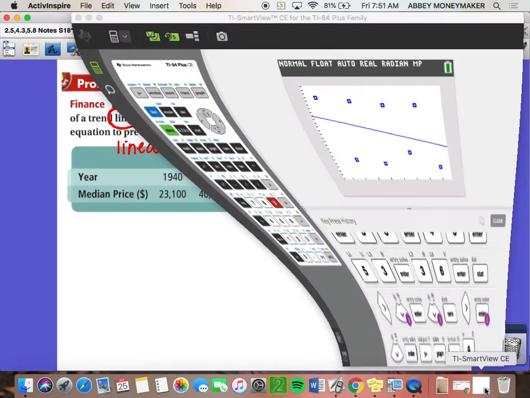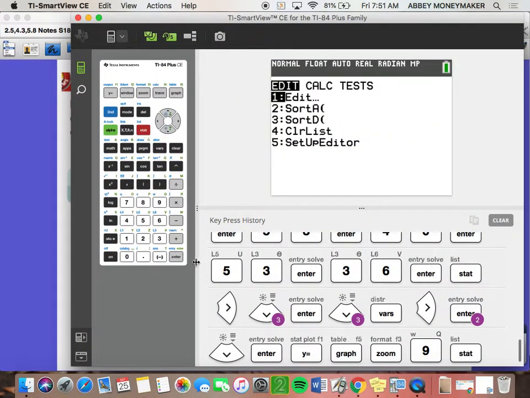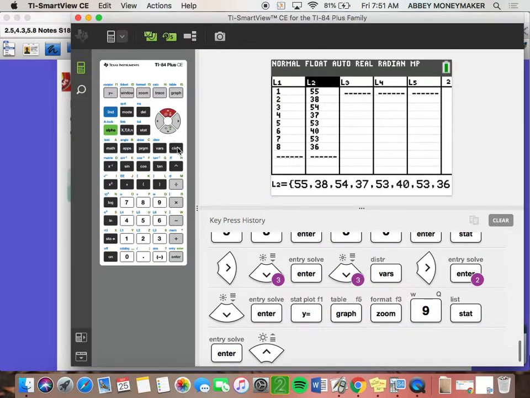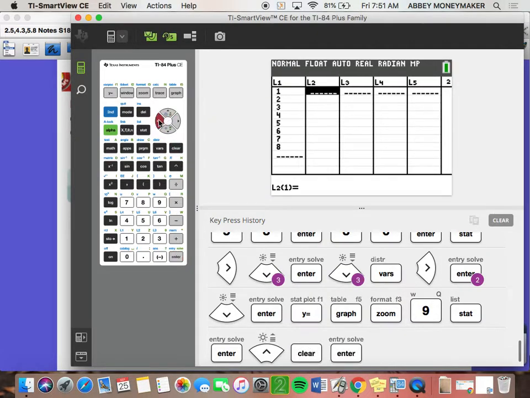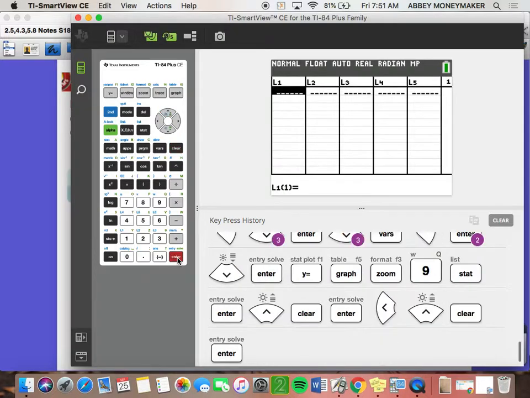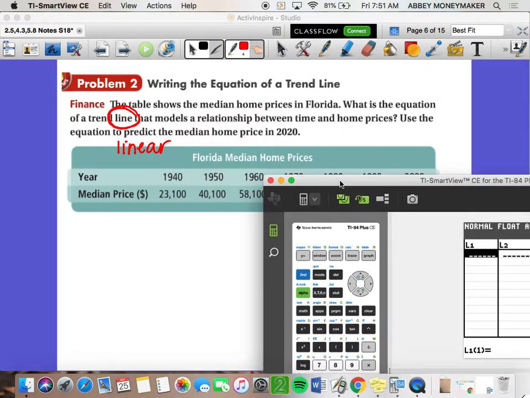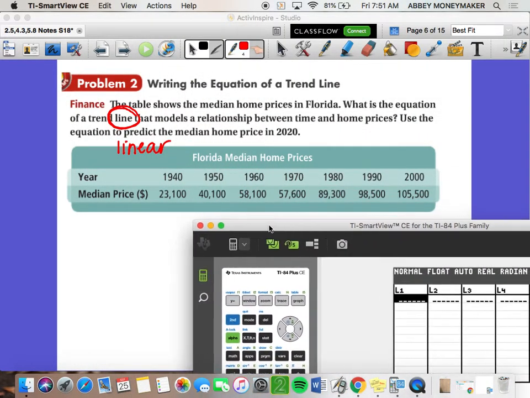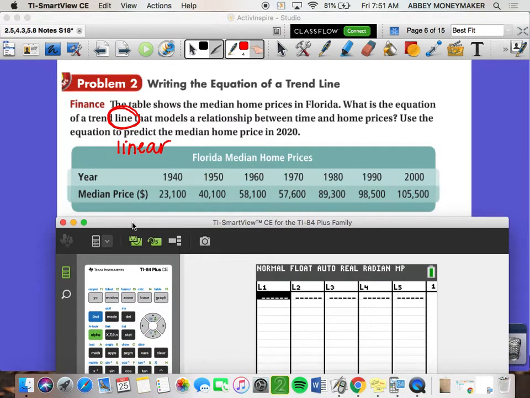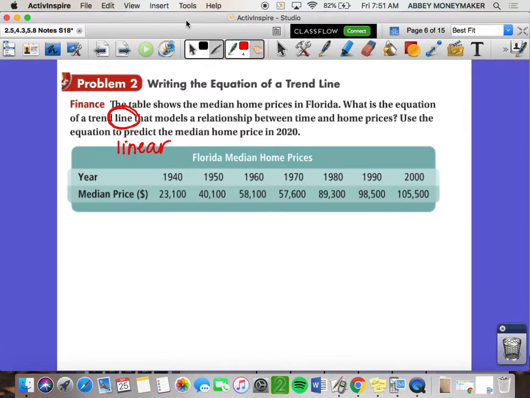Okay, so we're going to go to our calculator and we're going to edit on our stat and we're going to clear out what we got there. And we're going to type in the years for the X's and we're going to type the median price for the Y's. But I don't want to use 1940 because when we're dealing with years, we always like to start at year 0. So 1940 is year 0, so that makes 1950 10.